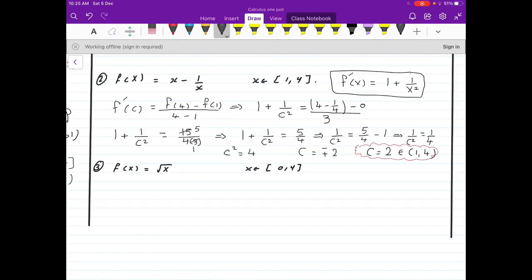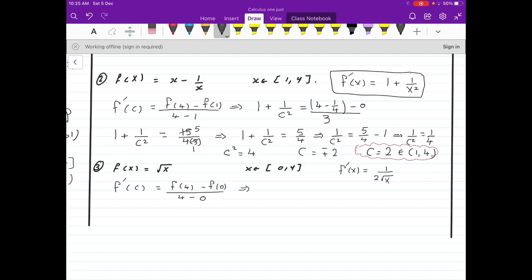If f of x = the square root of x on 0, 4, this function continuous on a closed interval, differentiable on open interval, then there exists at least c such that f prime of c = (f4 - f0) over (4 - 0). Now find f prime x. What is f prime x? 1 over 2 the square root of x.